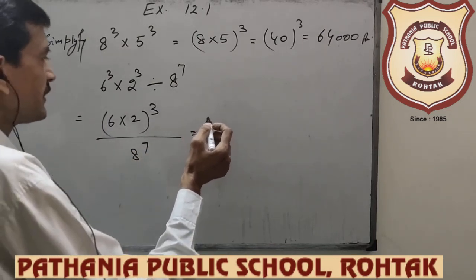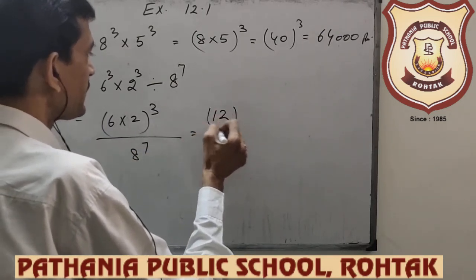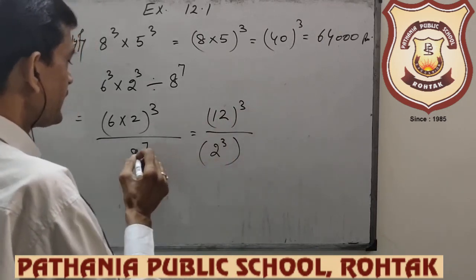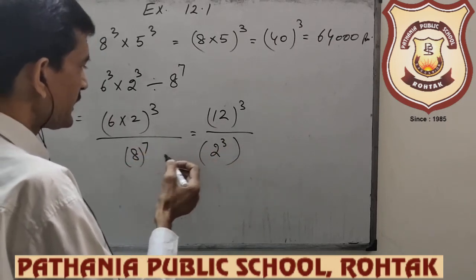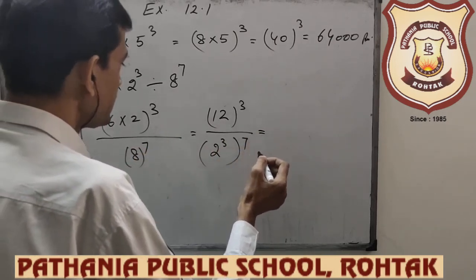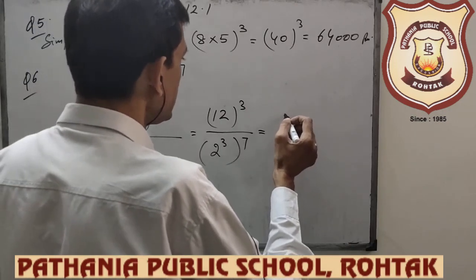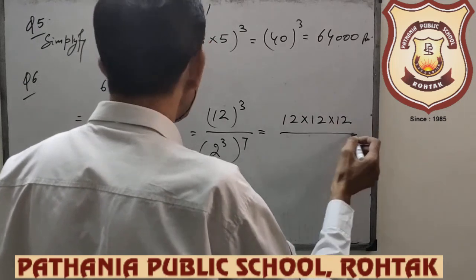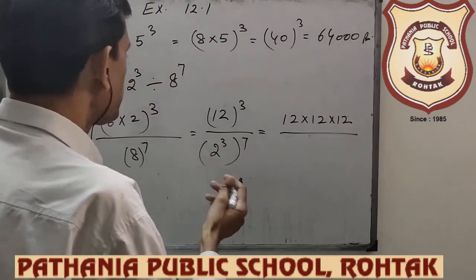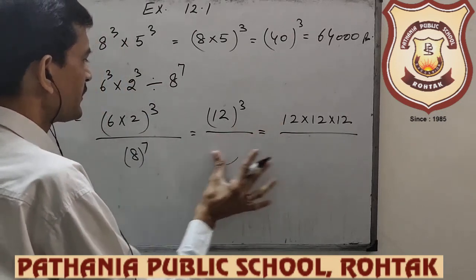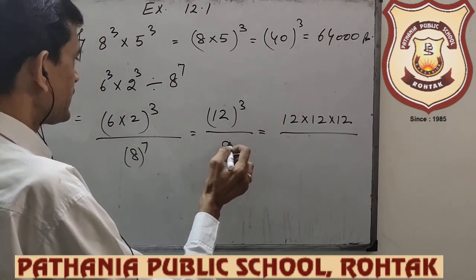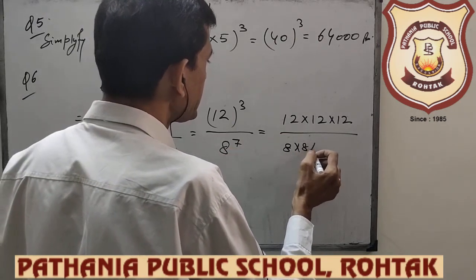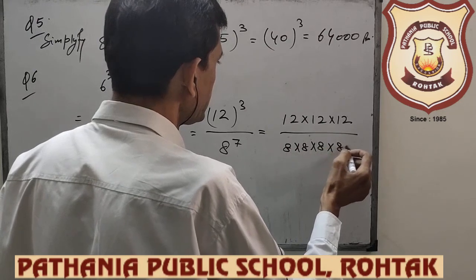This is 12 raised to the power 3 upon 8 raised to the power 7. Replace 8 by 2 cube. So it is 12 into 12 into 12, divided by 8 into 8 into 8, 7 times.